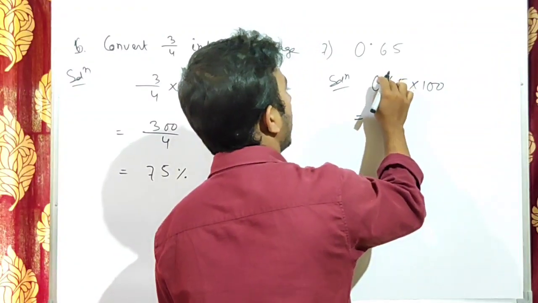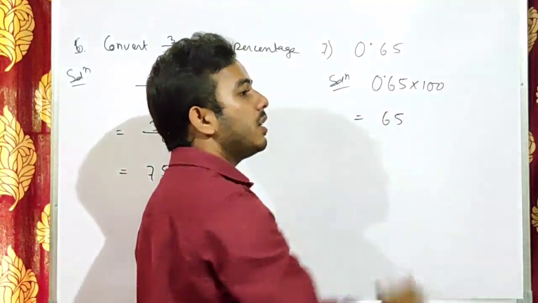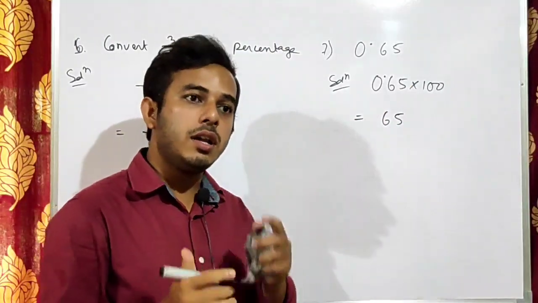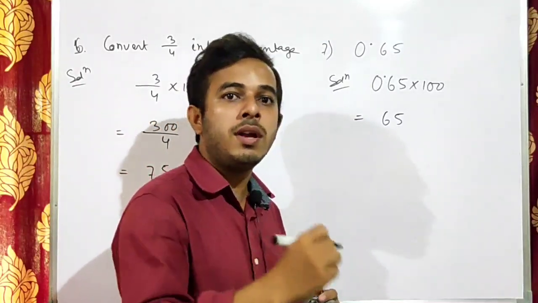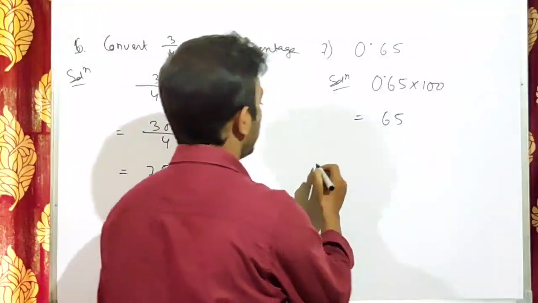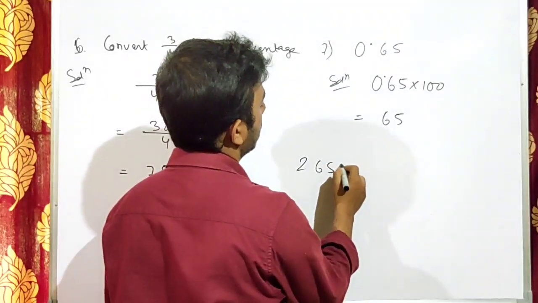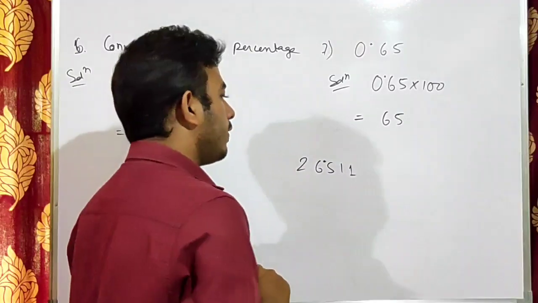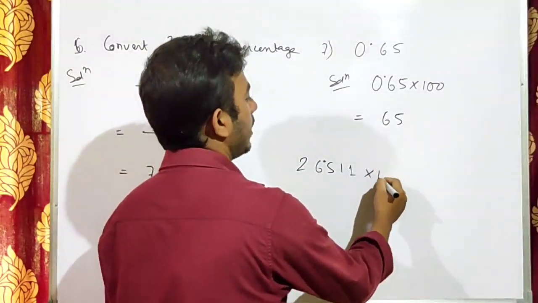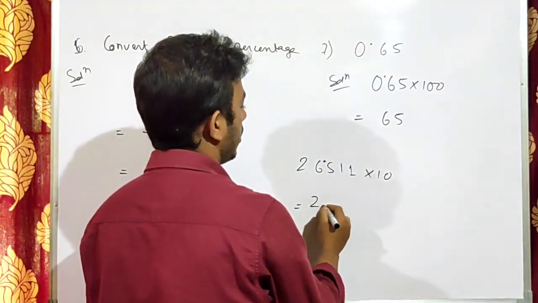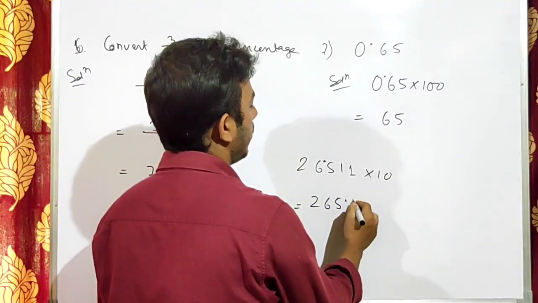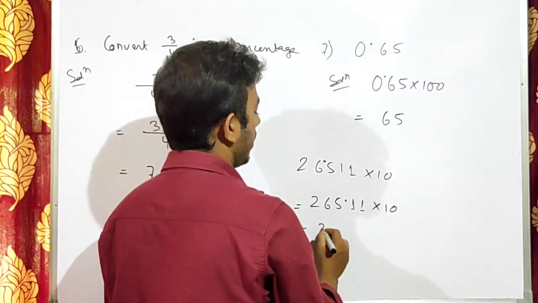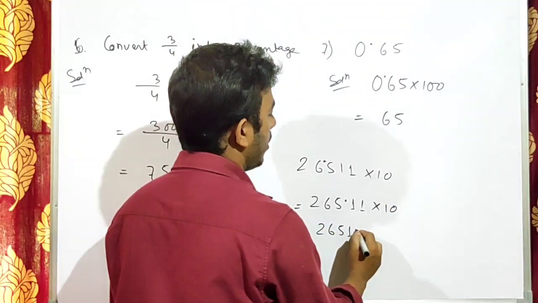Why 65? Because after the decimal there are 2 digits, right? And we know if we multiply with 10, the decimal moves 1 digit to the right-hand side, right? For example, suppose it is 26.511. Now if I multiply with 10, the decimal comes to 265.11, isn't it? Now again if I multiply with 10, it comes to 2651.1.